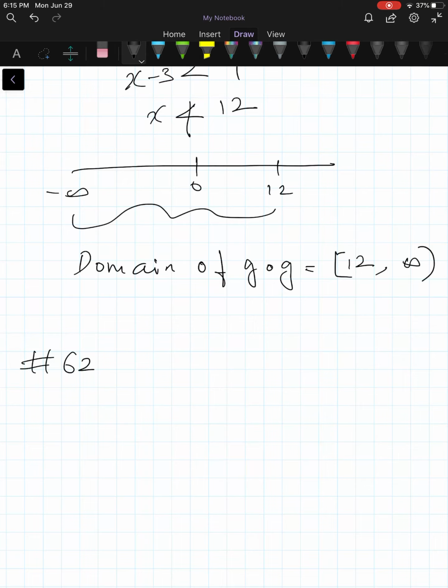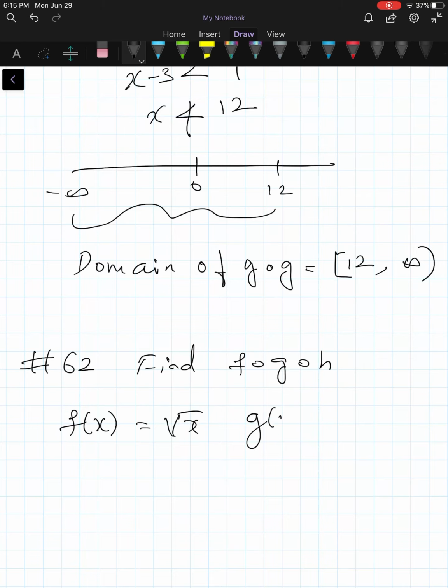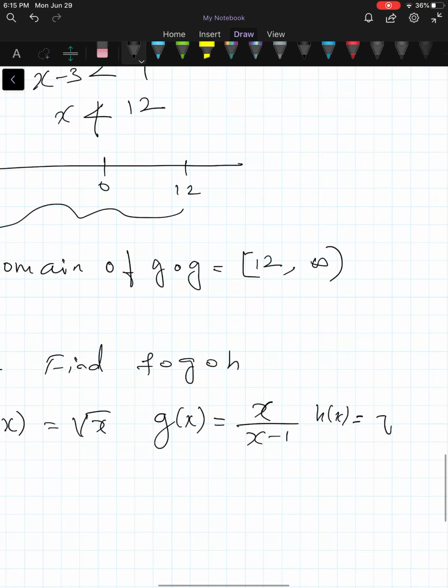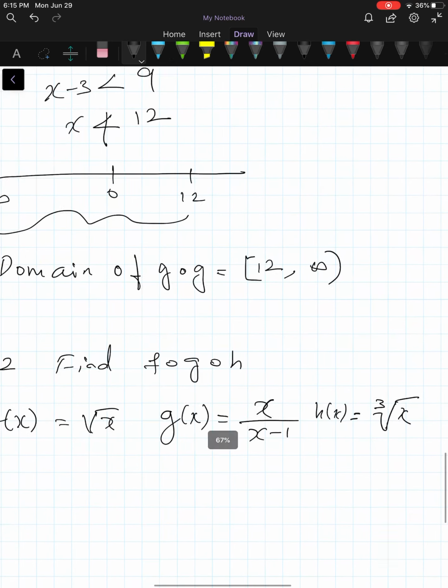This is problem number 62. Find f composed with g composed with h, where f of x is square root of x, g of x is x by x minus 1, h of x is cube root of x.